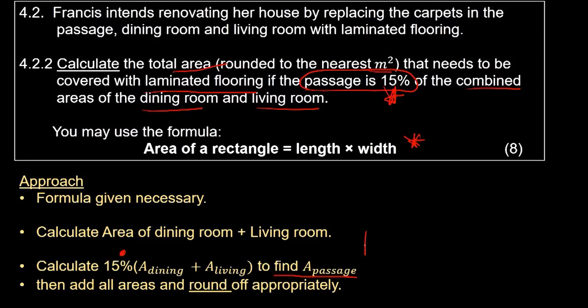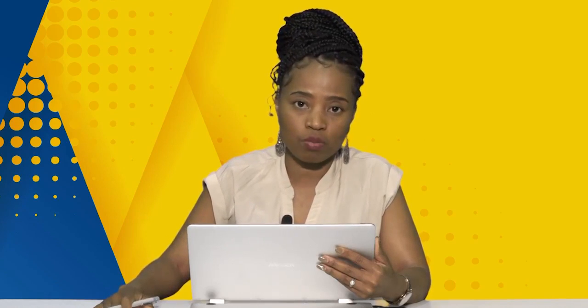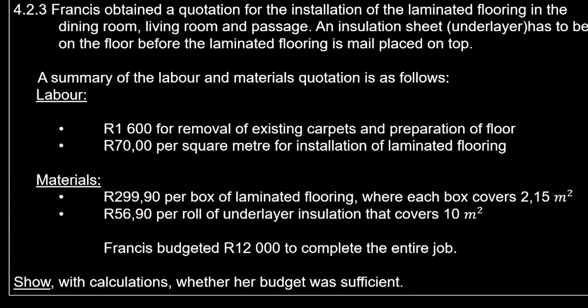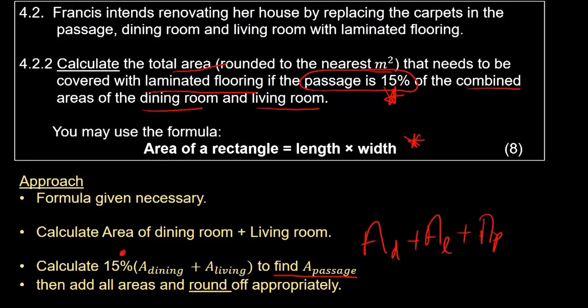Then at the end, you will have the area of the dining plus the area of the living plus the area of the passage. In this case, we are not subtracting anything because they did not tell us that there are cupboards or things permanently there that you cannot laminate on top of. So this is how you can go about calculating the area, but use the given formula that you have.